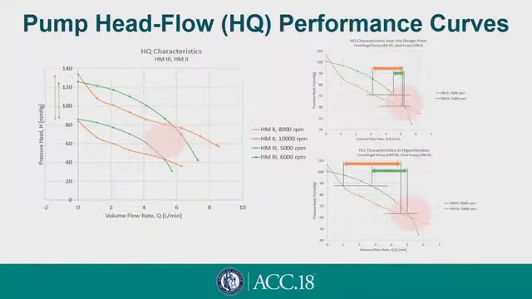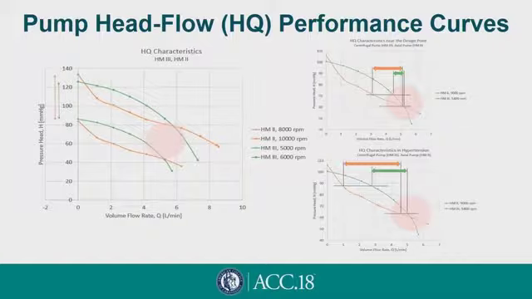Now, to make the situation even a little bit more confusing, here's a comparison of the HeartMate 3 and the HeartMate 2 pump. The HeartMate 2 pump is an axial pump, and the HeartMate 3 is a centrifugal pump. But the pressure head for flow characteristics of each of these pumps are very different. At the higher flow ranges, lower pressure, the centrifugal pump actually has a steeper relationship than the axial pump.